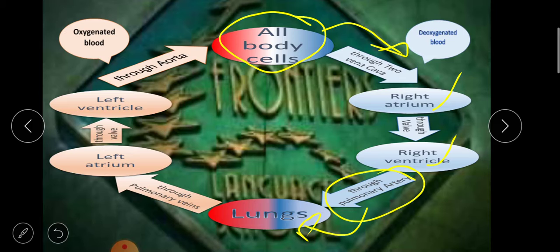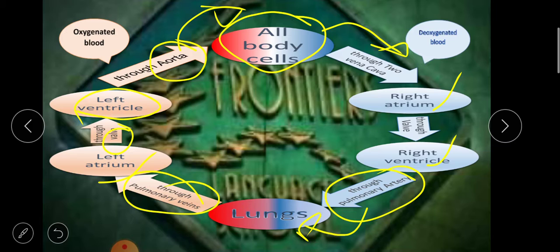In the lungs, we said there is gas exchange, so our blood now becomes oxygenated blood, and it will enter the heart through the pulmonary veins to the left atrium. From the left atrium through the valve, it will enter the left ventricle, and then the left ventricle will push it to the aorta, and the aorta will deliver oxygenated blood to all the body cells. And when it delivers the oxygen, it will collect the carbon dioxide, and it will do this cycle again.